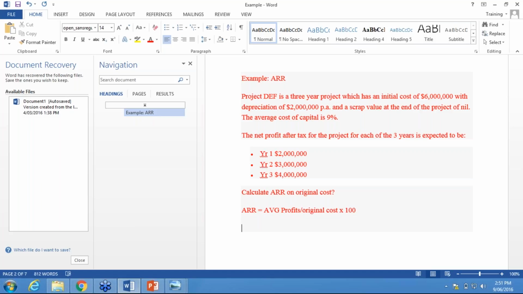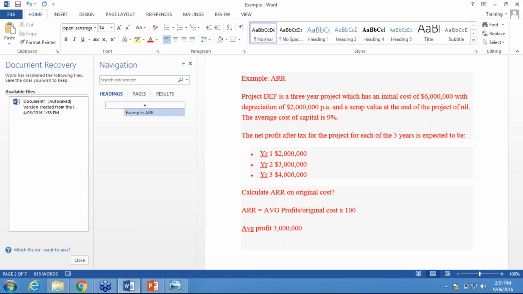Okay. So average profit, 2 million, 3 million, 4 million. 2 plus 3 plus 4 is 9. 9 divided by 3. That is, average profit will be 3 million.